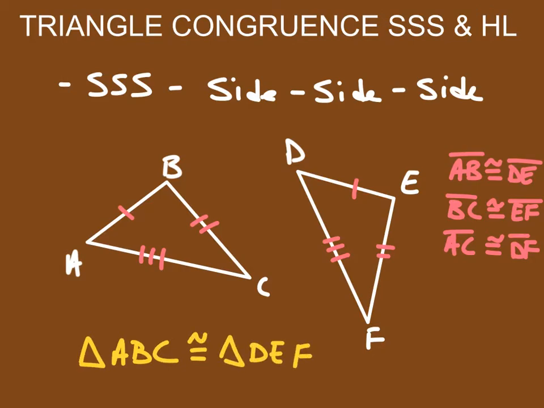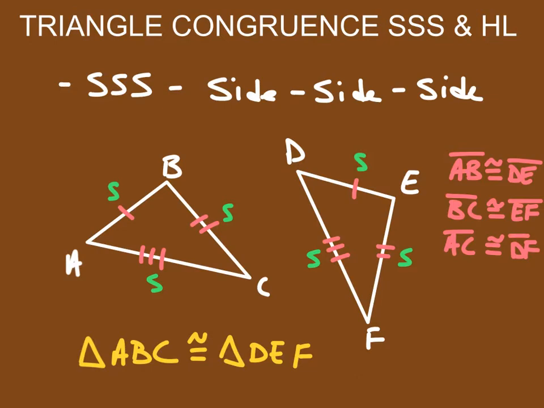All right, and that's why it's side, side, side. So if I look at this, I have a side, a side, and a side here. Knowing that all my sides are congruent to corresponding sides over here, I can draw the conclusion that these triangles are in fact congruent.